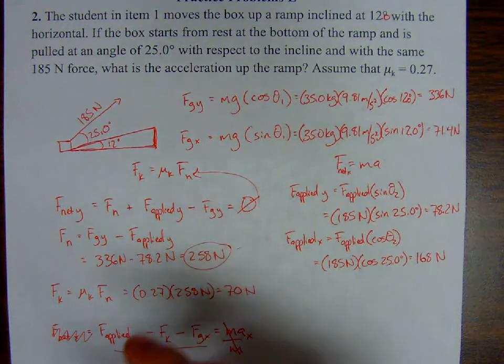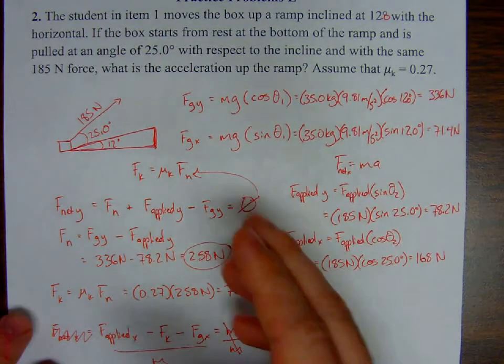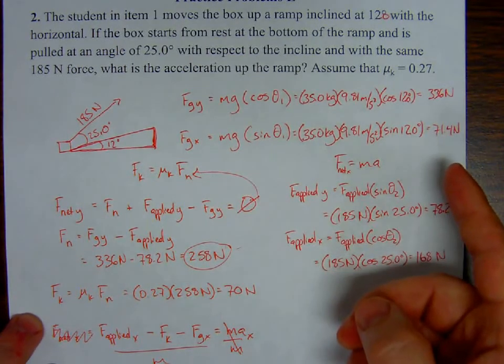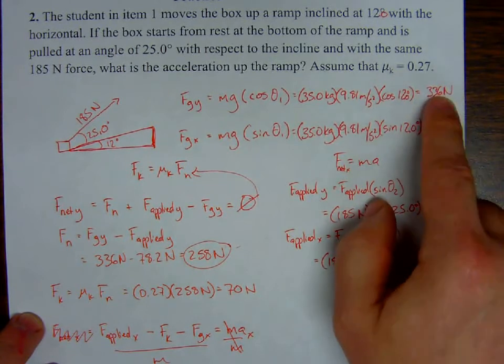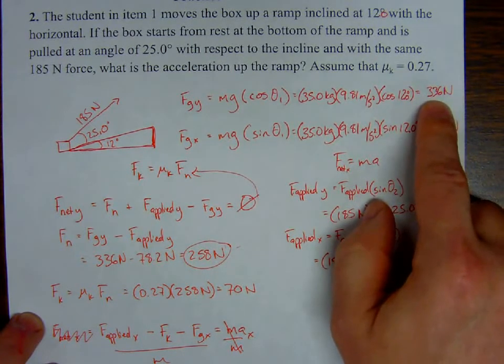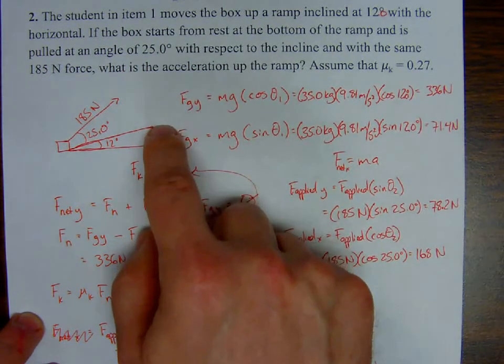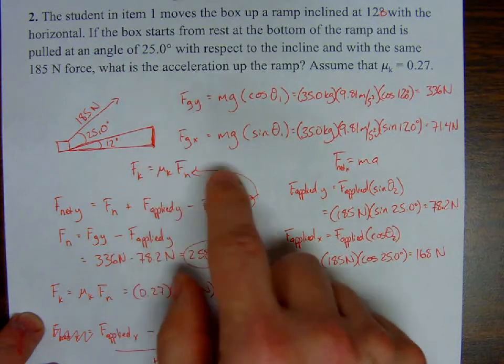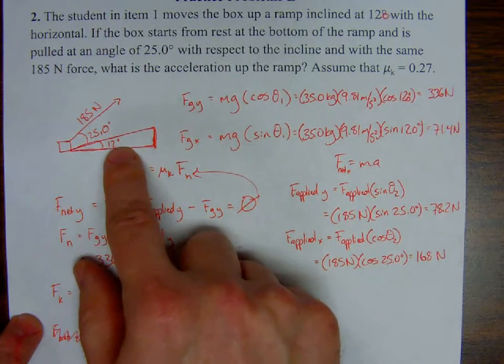Now, again, ultimately I'm trying to get to F is equal to ma, right? The net force in the x direction is equal to mass multiplied by the acceleration in the x direction. And okay, so here starts the problem. In order to solve for force in the x direction, I need to take into consideration the forces due to gravity.